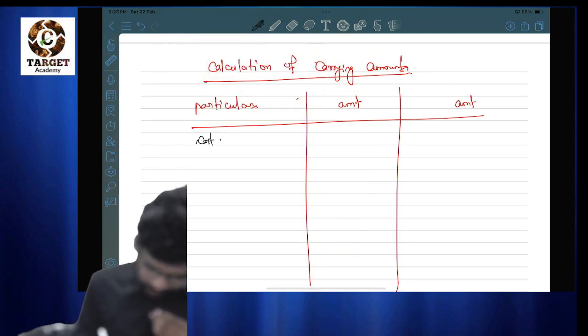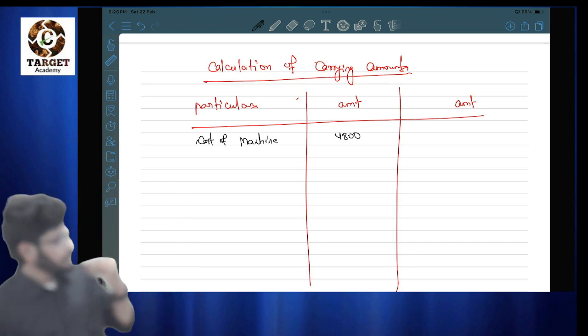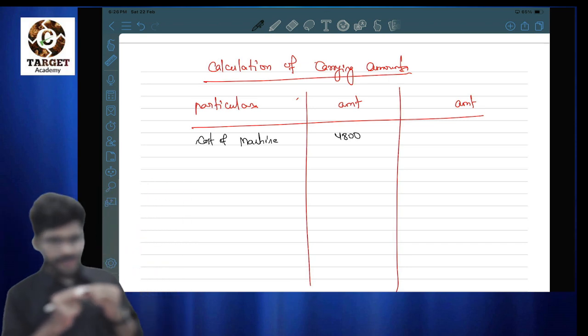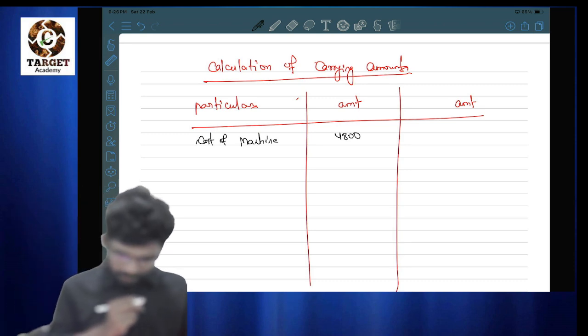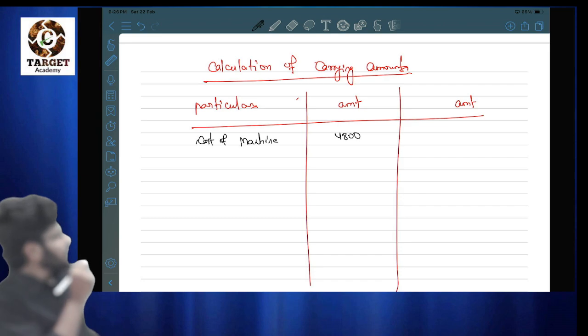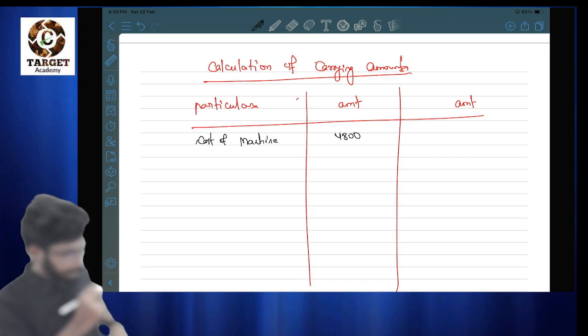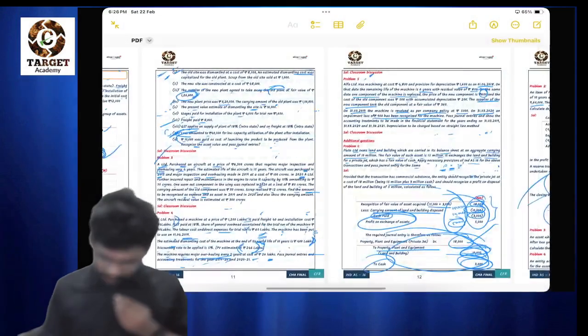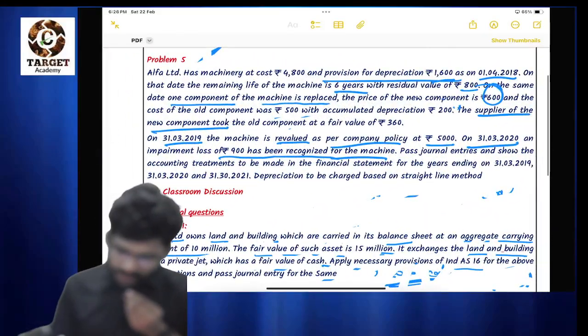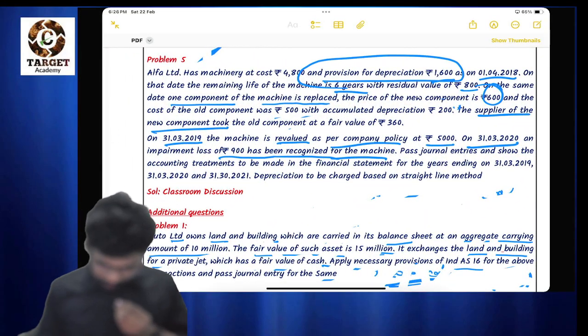Cost of machine 4,800. Take it in the inner column. What is the accumulated depreciation? 1,600.